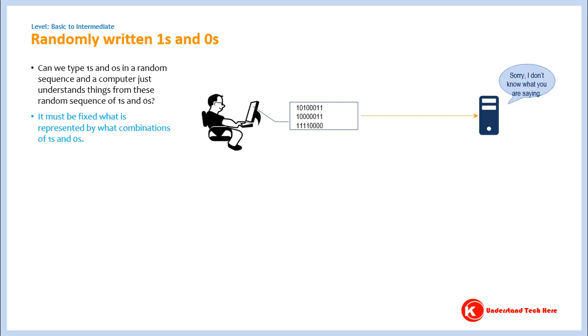Of course not. So, it must be fixed what is represented by what combinations of ones and zeros. Let's say add, subtract, 5, 6, 7, etc. are represented by the following combinations of ones and zeros.